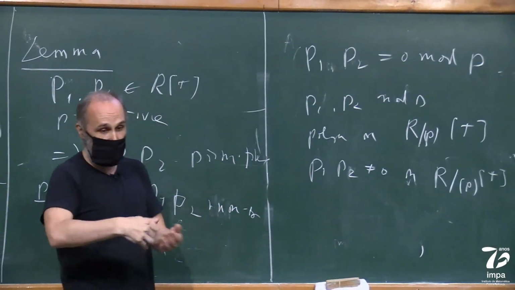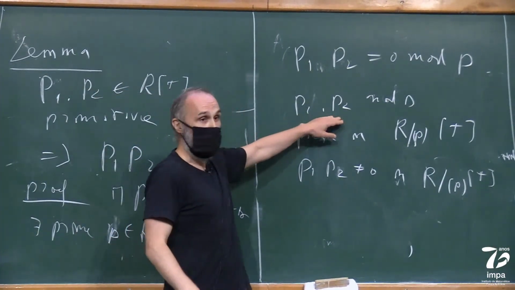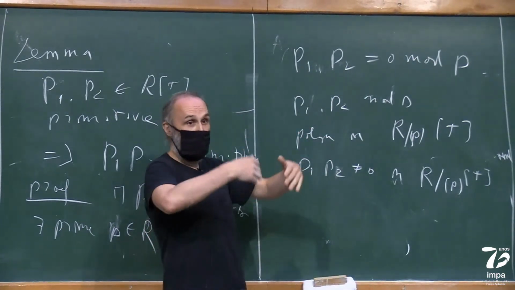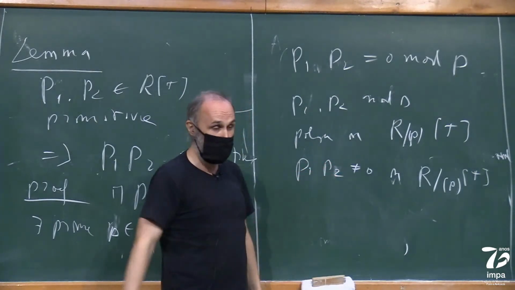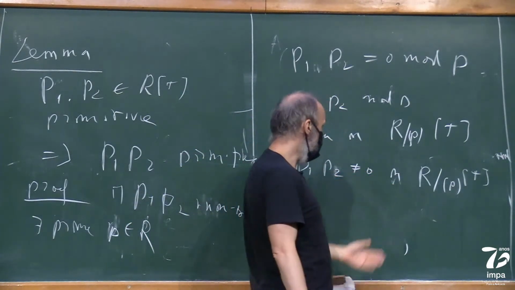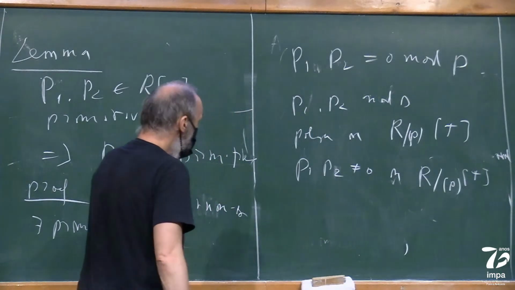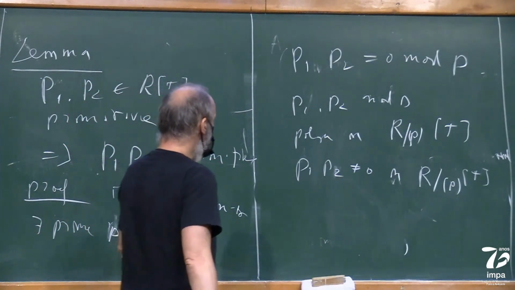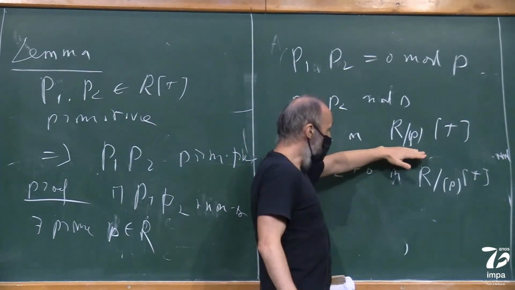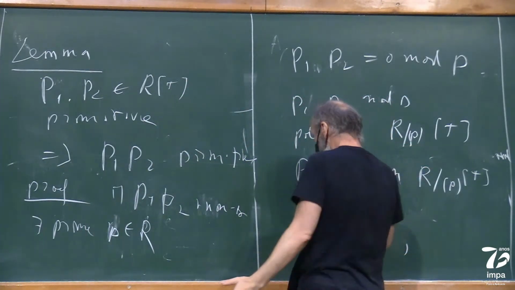Just take the smallest non-zero coefficient of the first and the smallest non-zero coefficient of the second, and multiply them. The smallest non-zero coefficient of the product will be the product of these two coefficients, and since there are no zero divisors, it's non-zero. Okay, this is the proof. So the product cannot be divisible by p because of this argument.